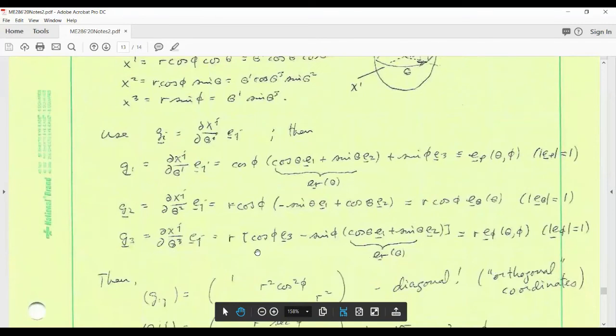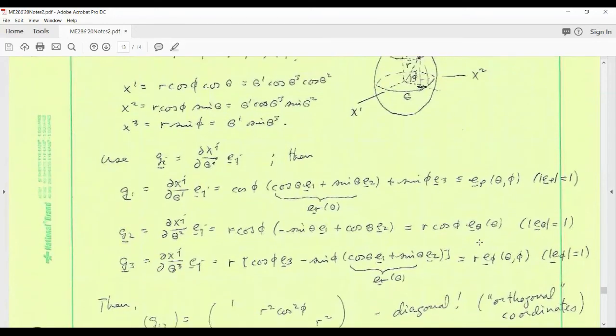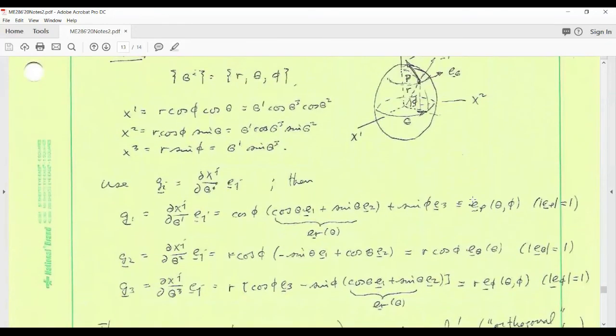G3, we do the same operation, take a derivative with respect to phi, which is theta 3, and we get this combination of terms. Here's our E_r again. So we get cosine phi E3 minus sine phi E_r. That combination, so if phi is positive, for example, we're in the northern hemisphere, this minus E_r will point inward, and then there'll be a component that points upward also.